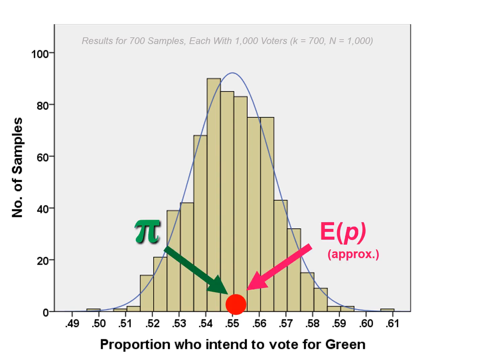Now remember that in a normal distribution, the mean is always going to live right at the center. If we're talking about the mean of these 700 samples, or the expected value of p, in other words, we know that the value is going to be right at the center. That's the value of pi as well. Remember that pi is always going to be equal to the expected value of p.